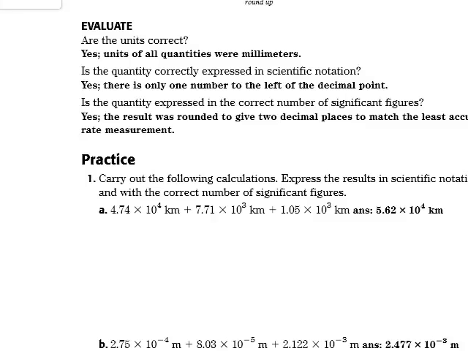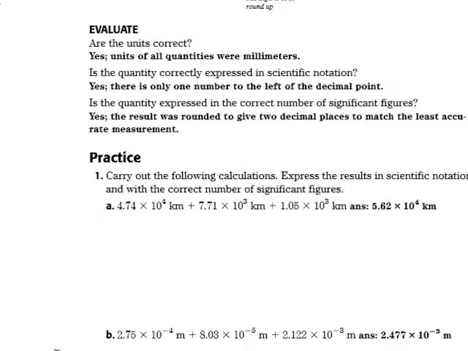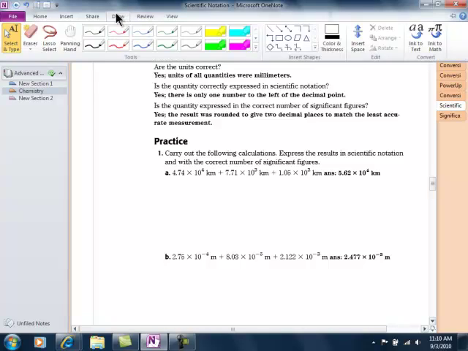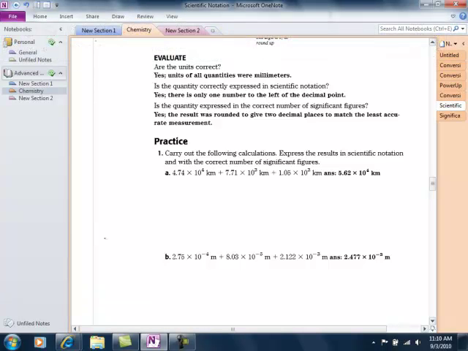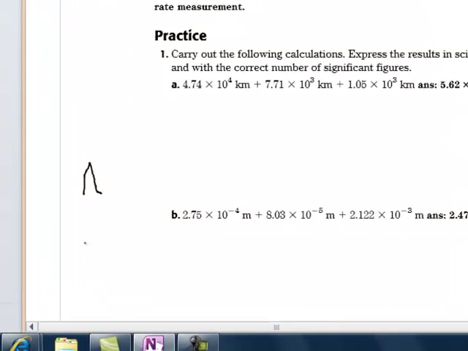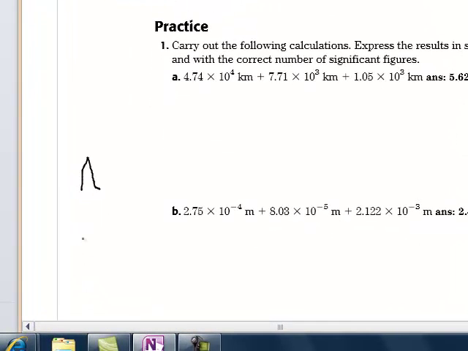Does everybody know how to get their times 10 to the exponent key? It's the caret key. It's like an arrow pointing upwards. So you want to find that key. So here's what you do.